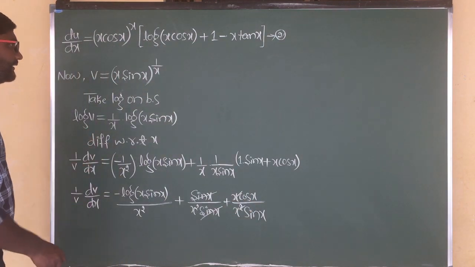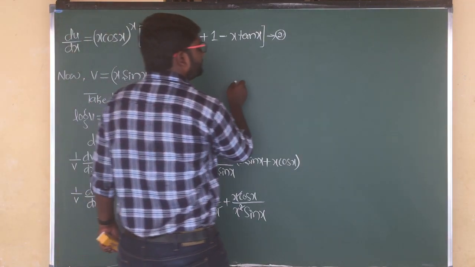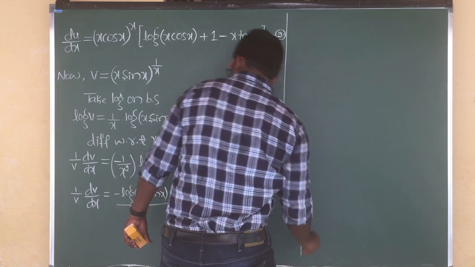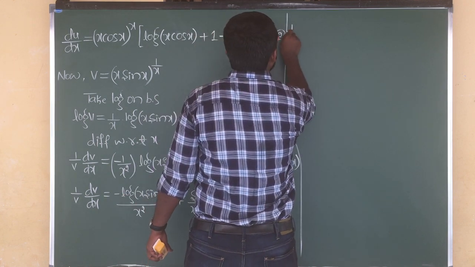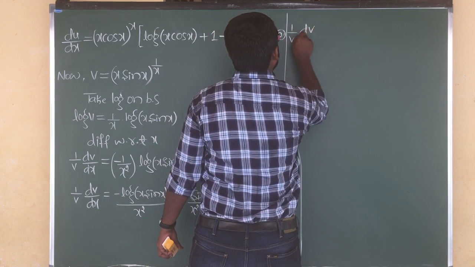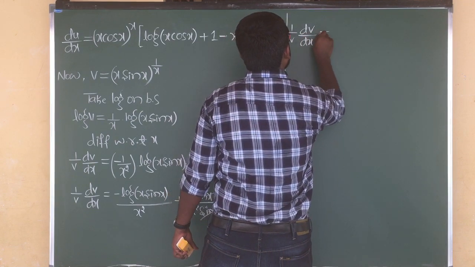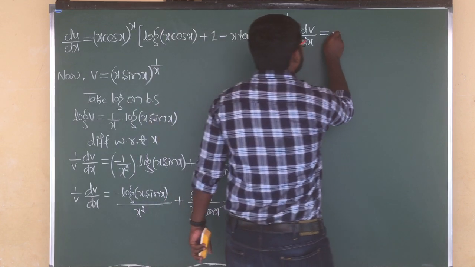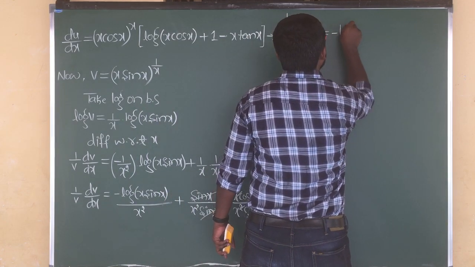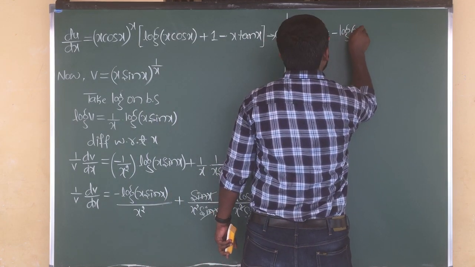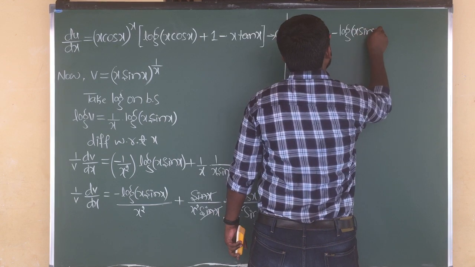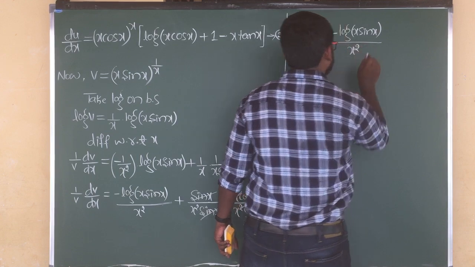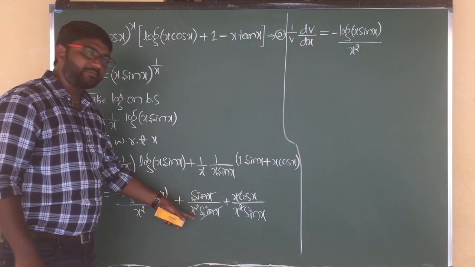So let us rewrite the terms here. So now 1 by v dv by dx is equal to minus log x sin x divided by x square plus 1 by x square.